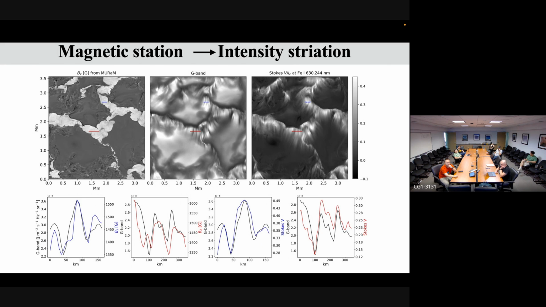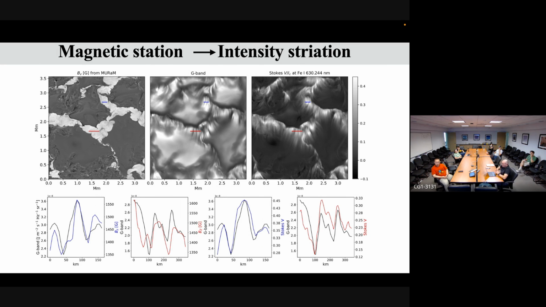We also checked the signatures of these G-band striations in polarization profiles. So we synthesized Stokes profiles from the same Muram cube. And the right panel of the slide shows Stokes V synthesized at iron 1 630 nanometers.